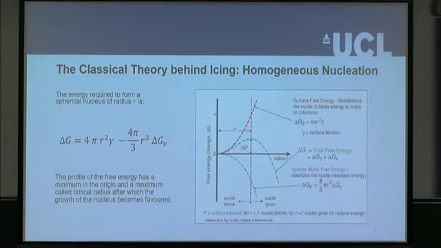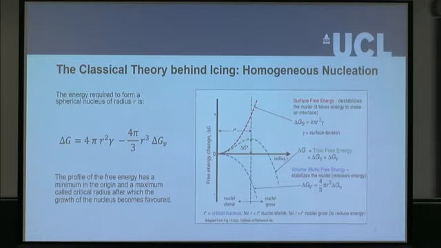The energy gap is made up of two contributions. The first contribution is the energy required to build the interface between the water phase and the ice phase, while the second contribution is the energy released when the nucleation actually happens and the nucleus grows.